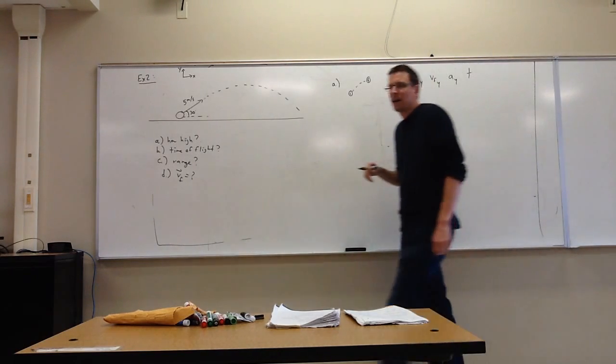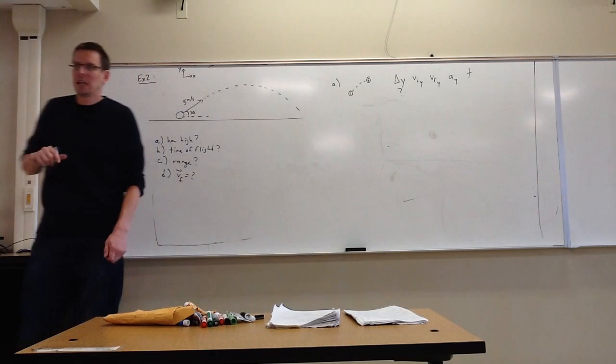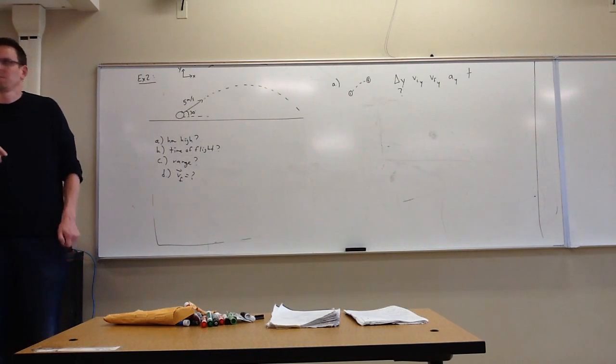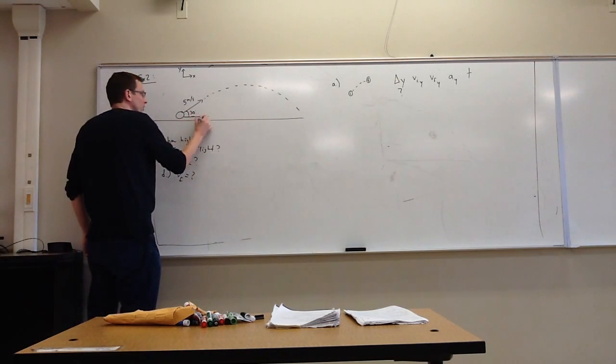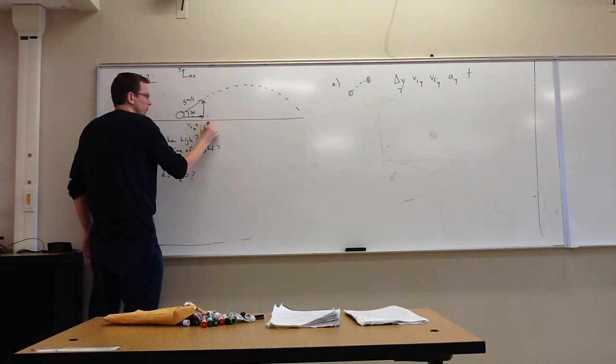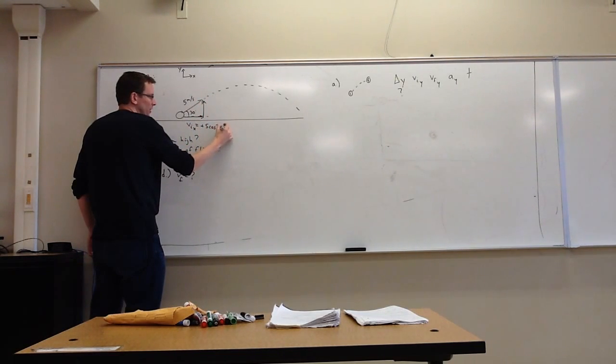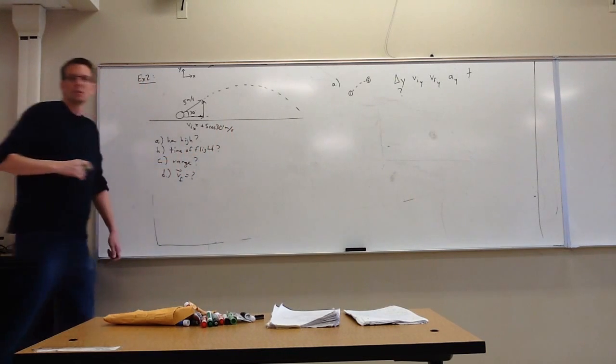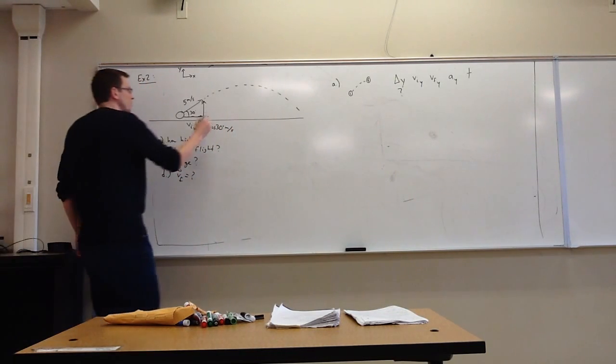Now my initial y velocity, not all of that velocity is directed to the side, or directed vertically. So I'm going to have to break up this velocity into how much is directed to the side and how much of it is directed vertically.